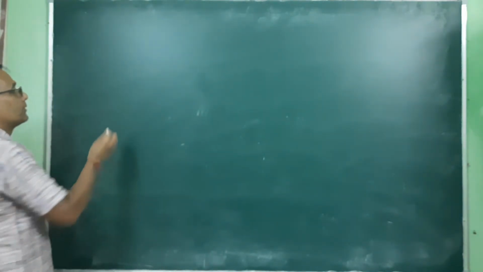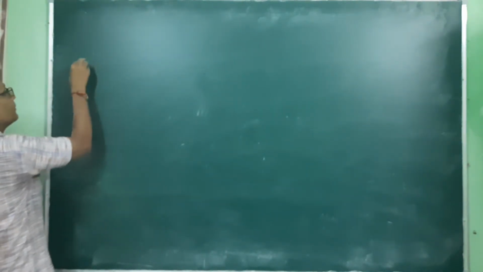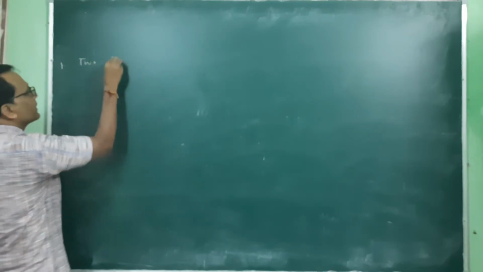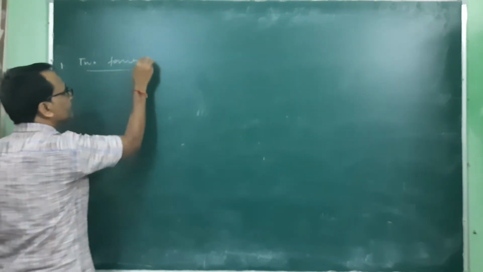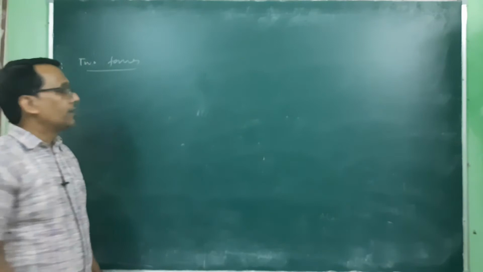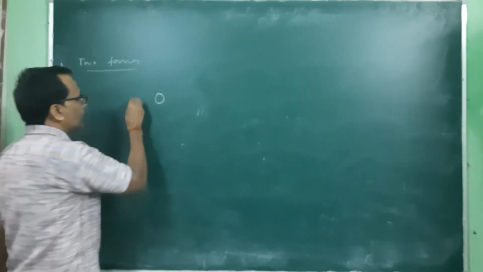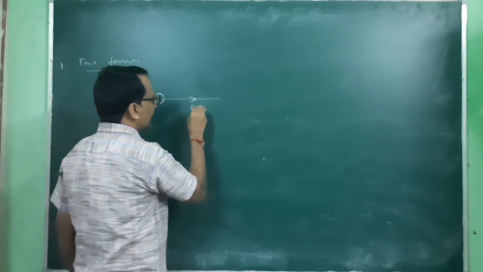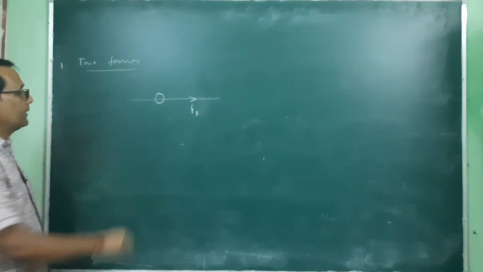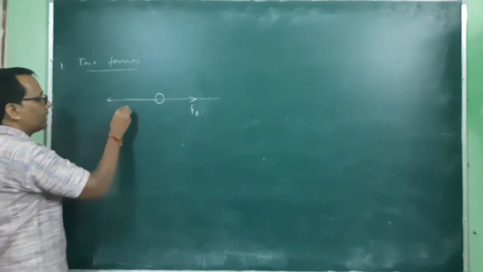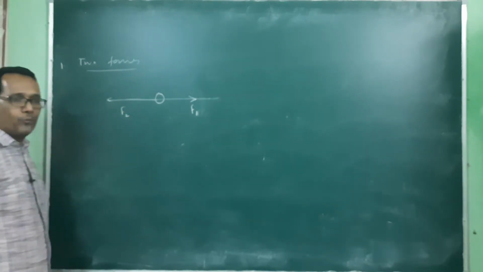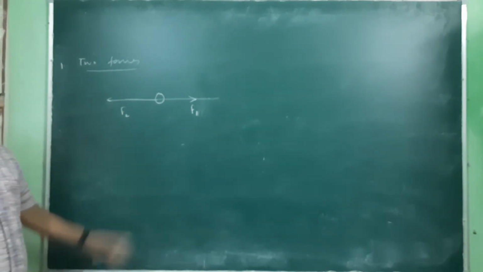So what will we have if we have two forces? In the case of two forces, if we have one object, one force is applying along this F1, and another force is applying collinearly, that is F2, on the same body.